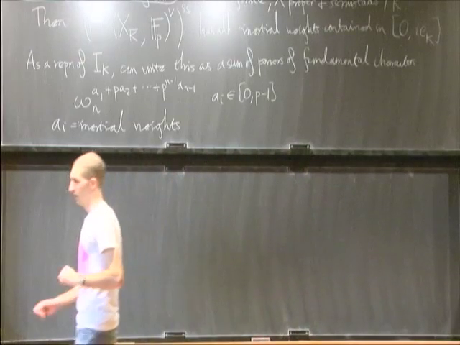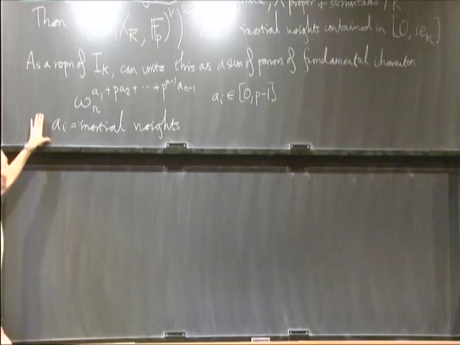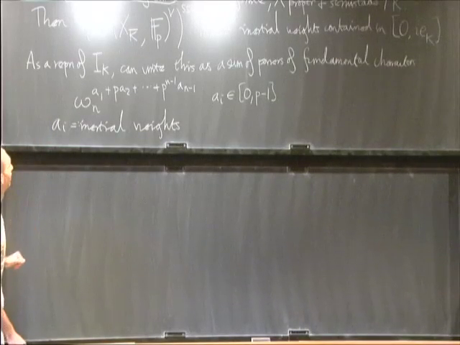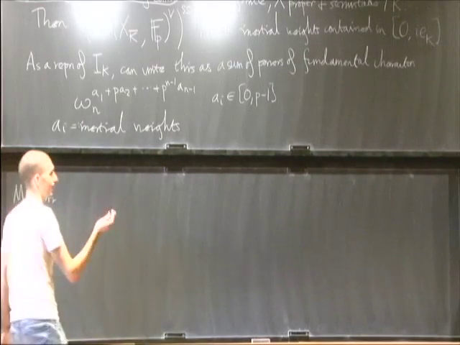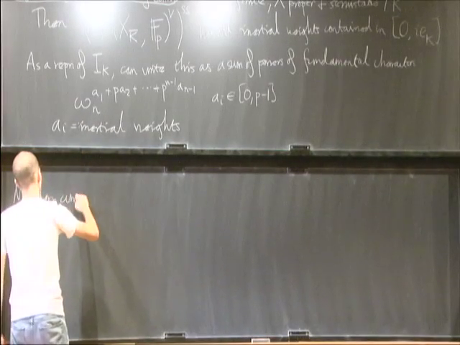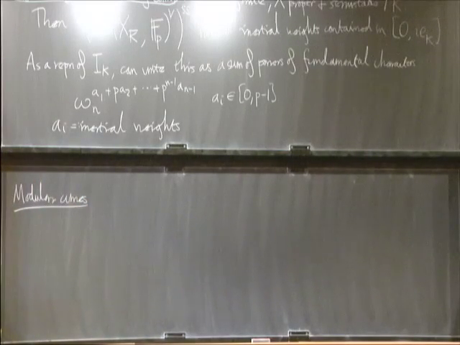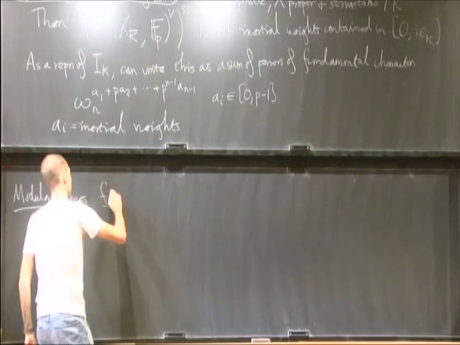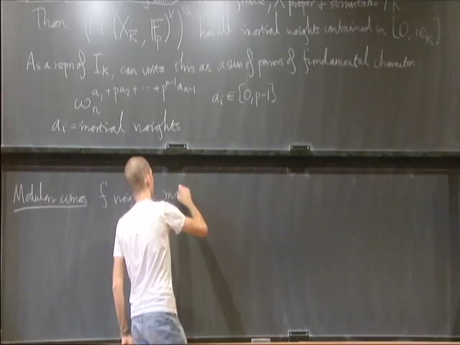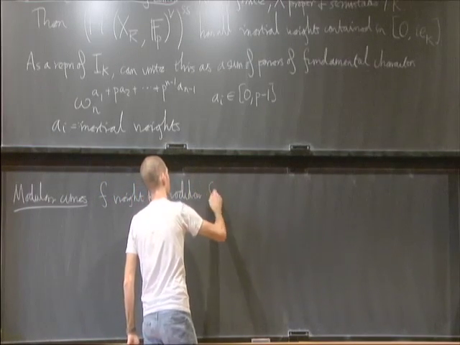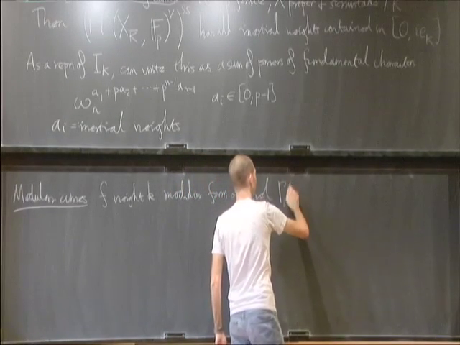So let me introduce what we would do by first seeing what kind of information we would get from this in the case of modular curves. Let's think about the very simple case, basically the case n equals 2. Take f a weight k modular form of level Gamma_1(N).